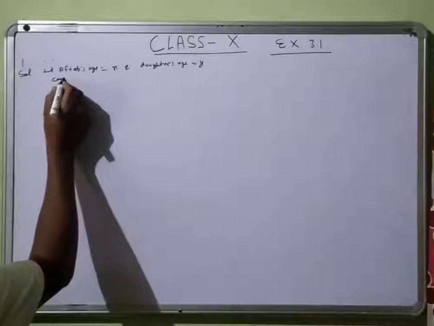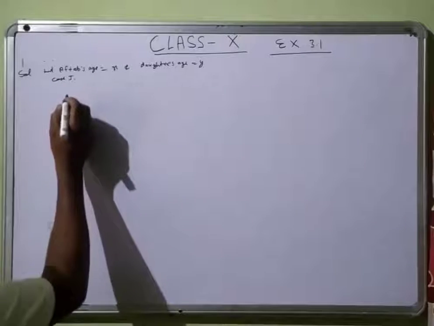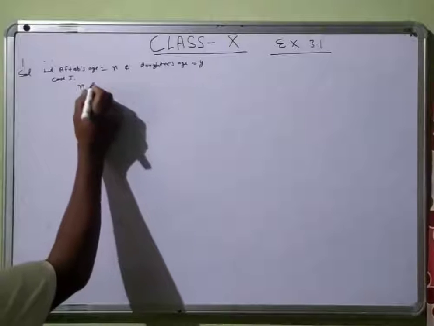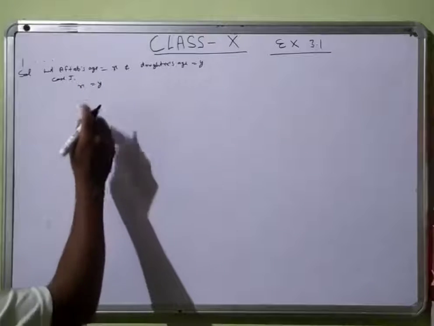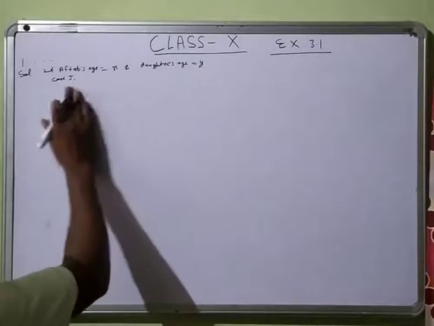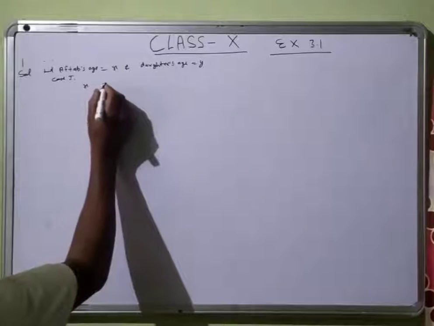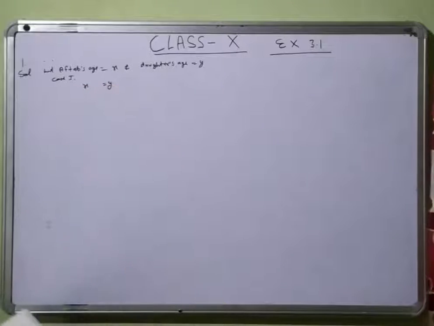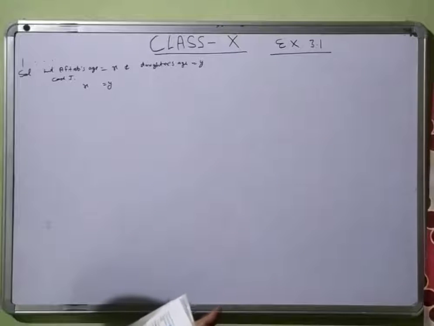So, case first: x is equal to y? Both are not equal, because the daughter is smaller than Aftab. So how will they be equal?